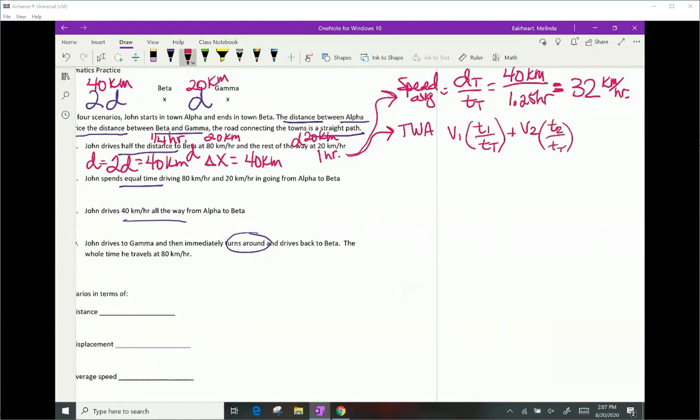Now we know all that information. We can say 80 times a fourth of an hour, and I'm going to just use decimals here, over 1 1/4, and then V2 is 20 times 1 over 1.25. So someone grab a calculator and work that out for me.